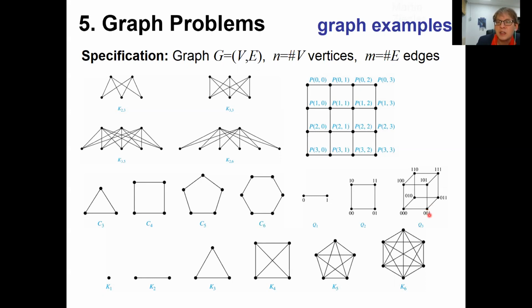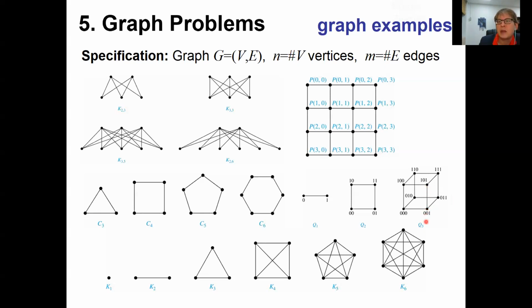Let's verify that here. For example, these two vertices are labeled 001 and 011, and you see they differ in precisely 1 bit, the middle bit. The first and the last bit are the same, and only the middle bit flips. And same here for these two.